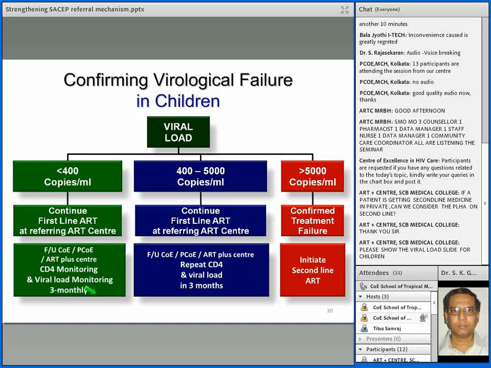But if you look into 400 to 5000, it is the CD4 and viral load in these 2 columns in case of children. But there is no confusion on it, because 1000 is the current criteria where you need to start second line therapy. I think that will clarify all doubts.